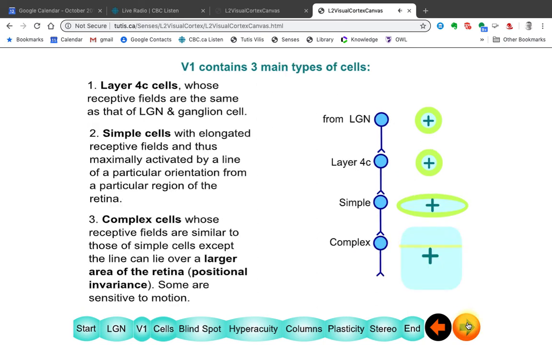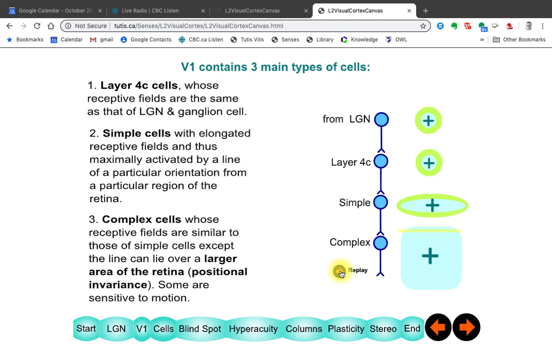The other type of cell that you find in primary visual cortex is the complex cell. The complex cell is like the simple cell in that it likes a particular orientation. Okay? This one here likes a horizontal line passing through its receptive field. So that's what's similar to the simple cell.